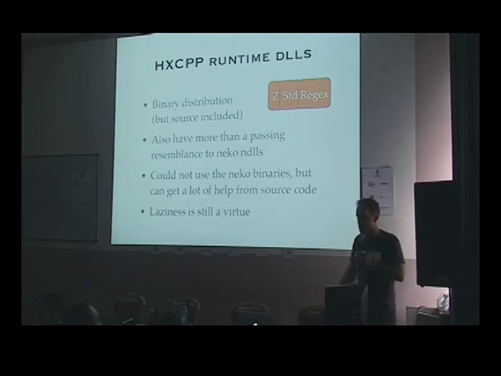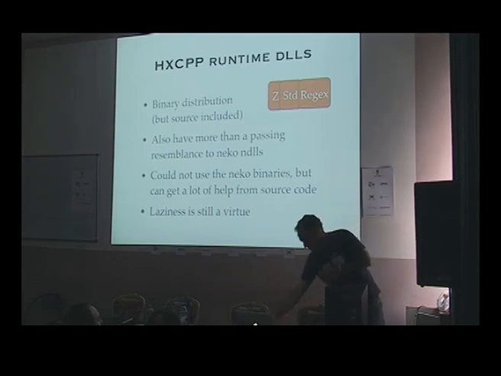So while I can copy the source code, I still need to recompile them, and I can't just use the Neko binaries. Although the converse is actually true: you can use CPP compiled DLLs with Neko generally, and that's one thing I do with NME. It's a universal DLL for Neko and CPP.